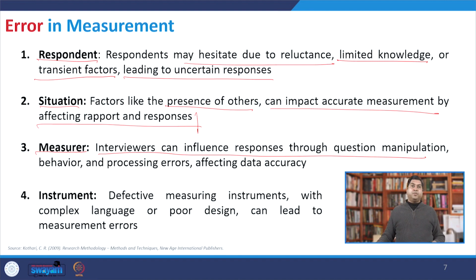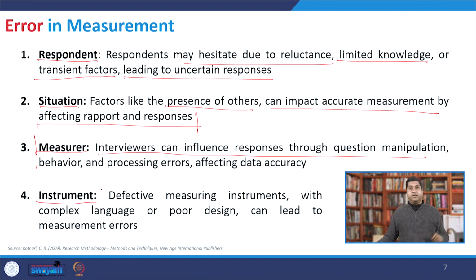That is why, when you get a response, maybe it is not the response you intended to get from your question, and you will not get that kind of clarity. So there is another measurement error on the side of the measurer.